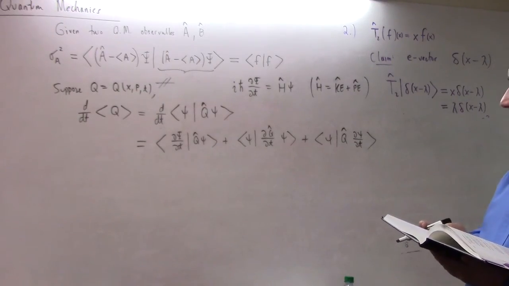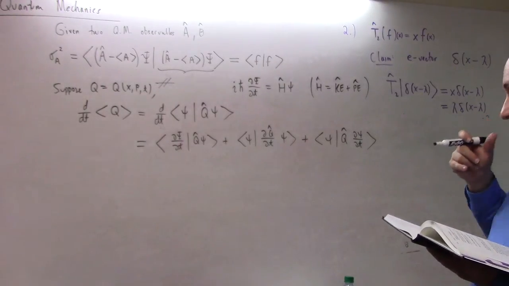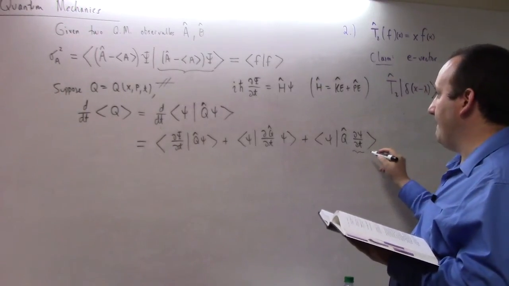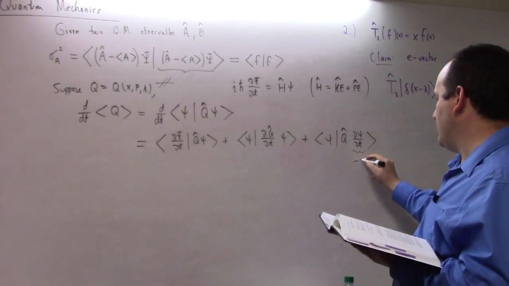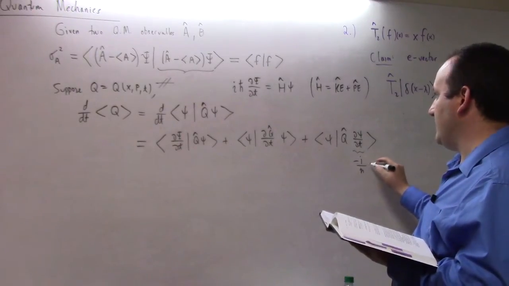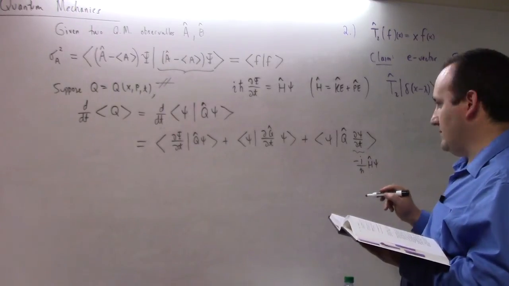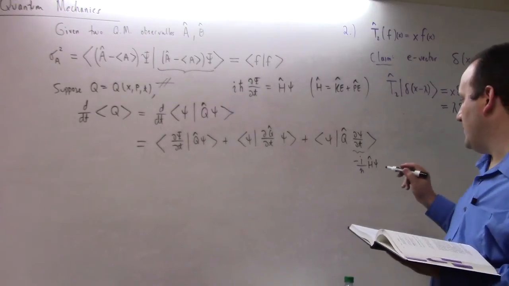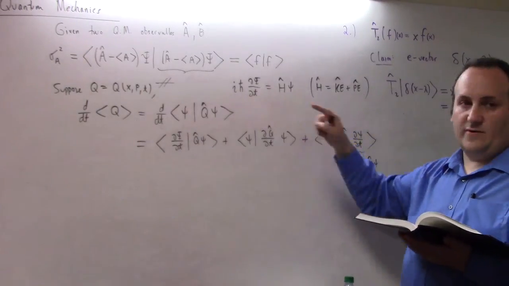Now, Schrodinger's equation does what? Oh, this calculation's really cool. Schrodinger's equation says that we can trade this for minus i over h bar, H hat psi. Or if you prefer, just 1 over h bar i. I'm just solving this for partial psi partial t.